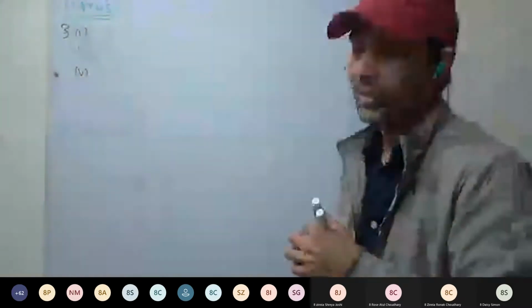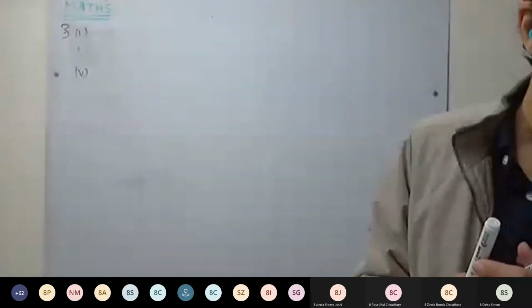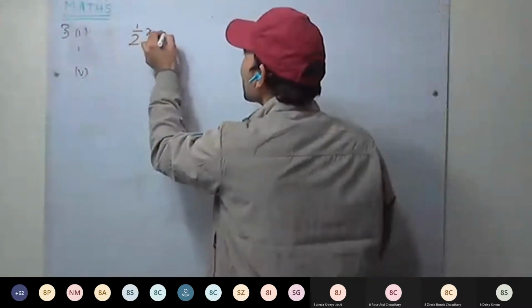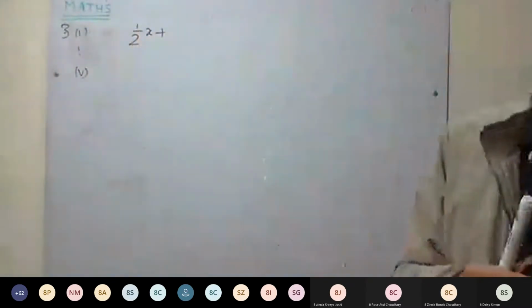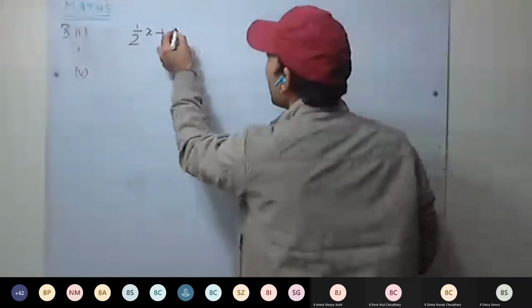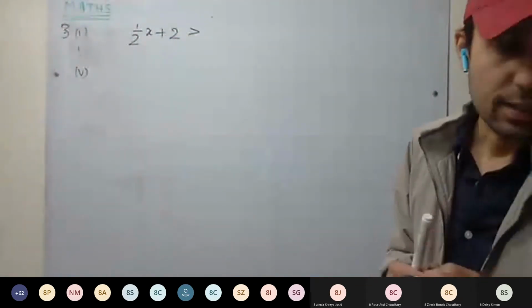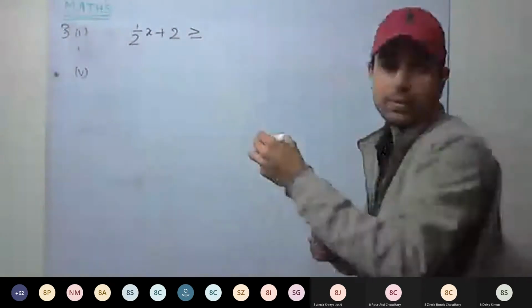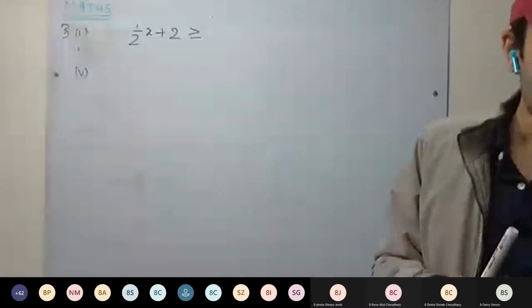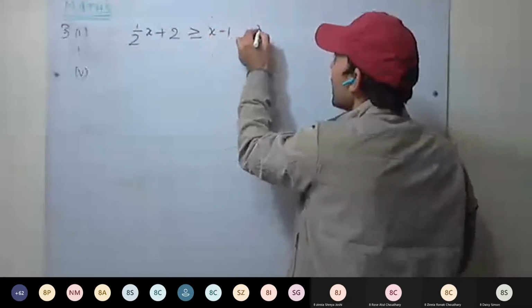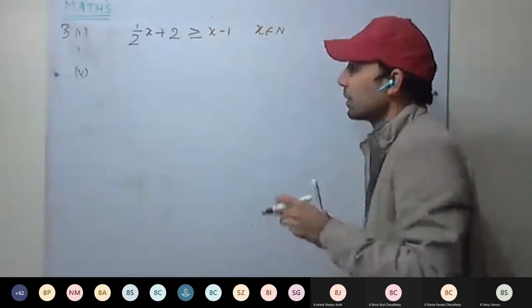Okay, so third first: 1 by 2x plus 2 greater than or equal to x minus 1. Okay, this is the question, and x belongs to natural numbers.